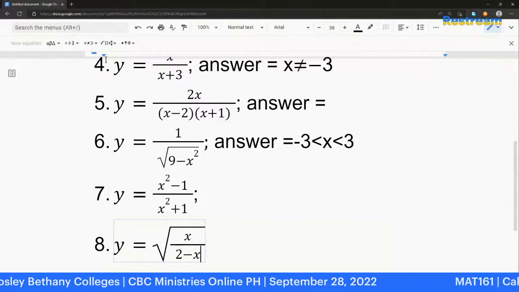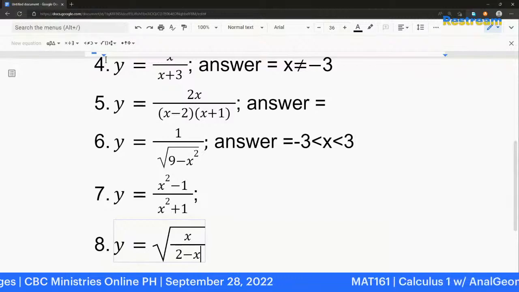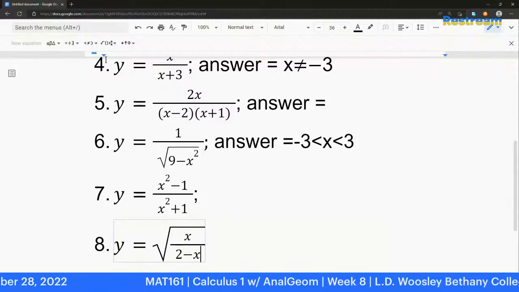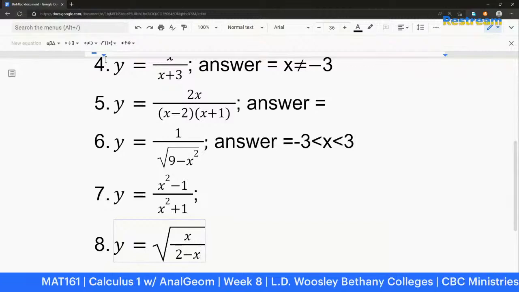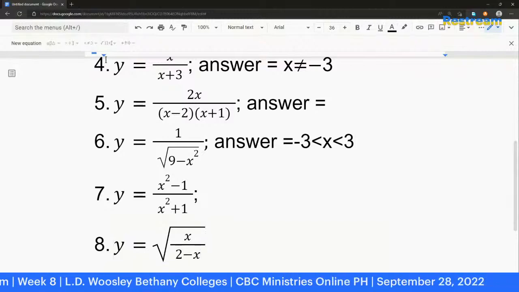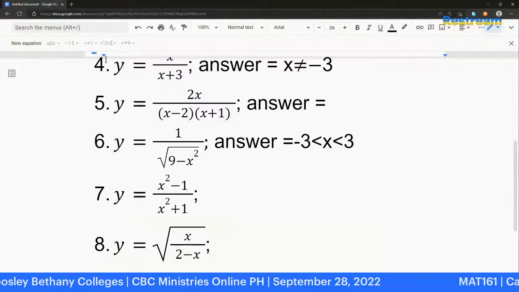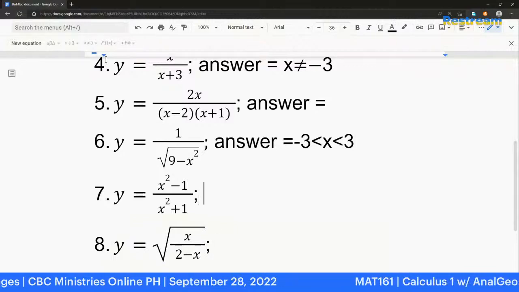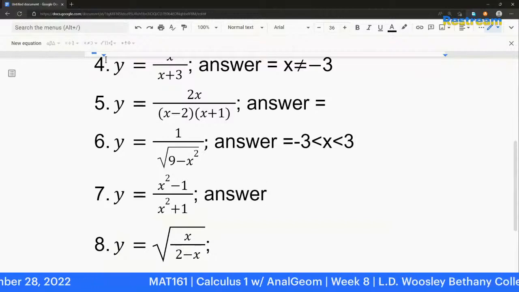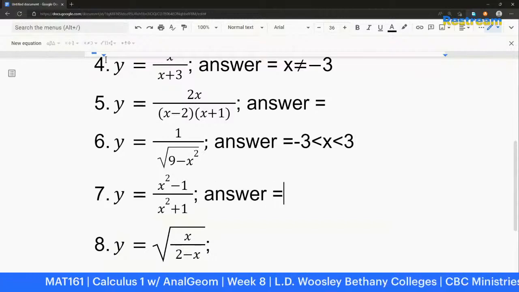Negative 3 yung kanina. Afterwards, we will move on to some question in functions, no?